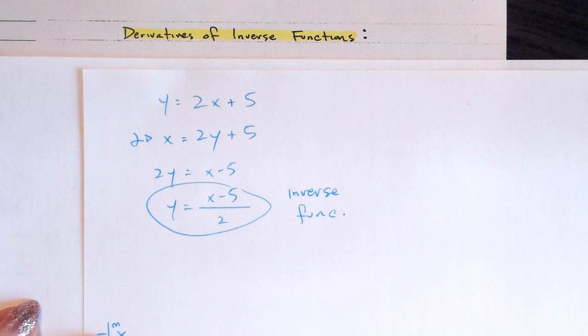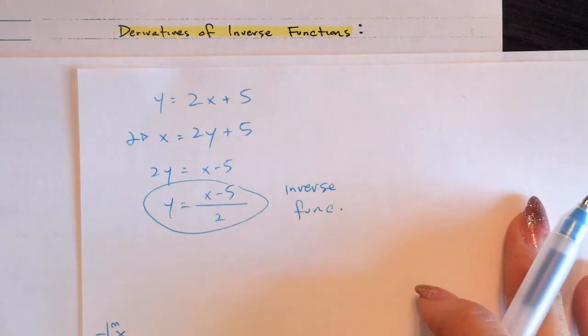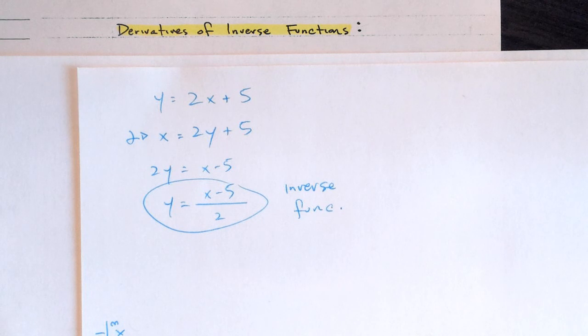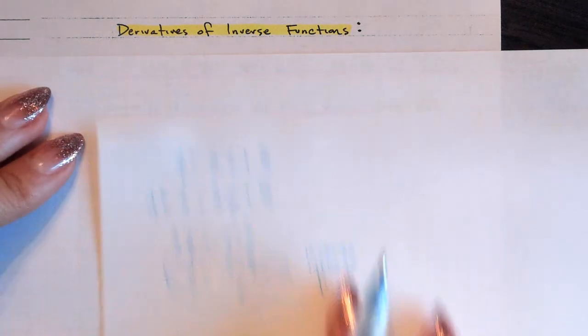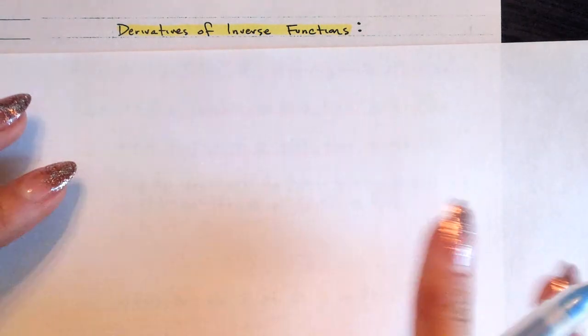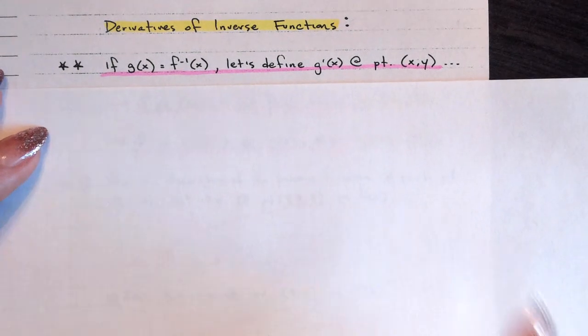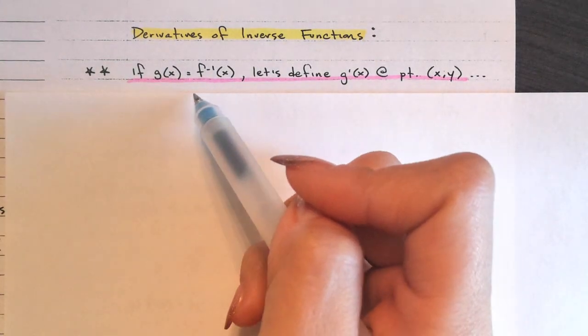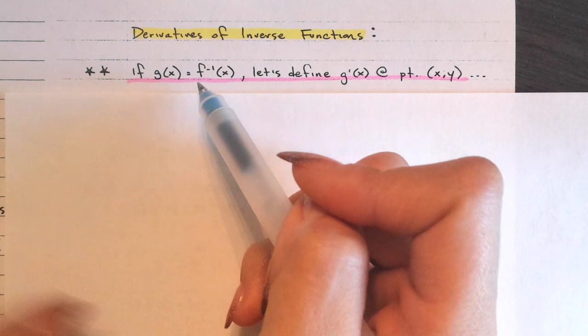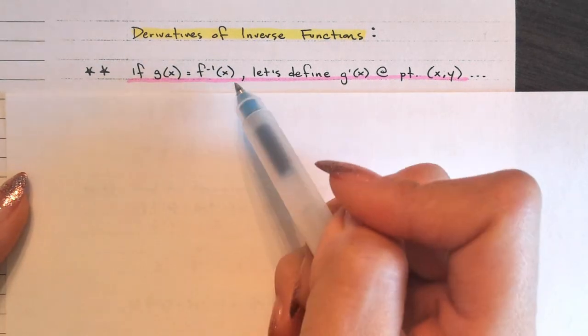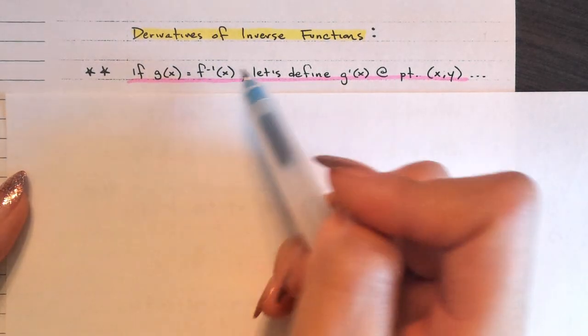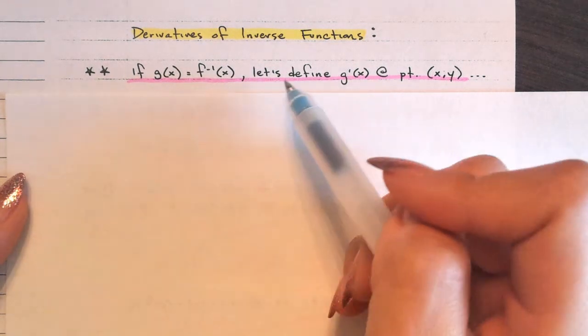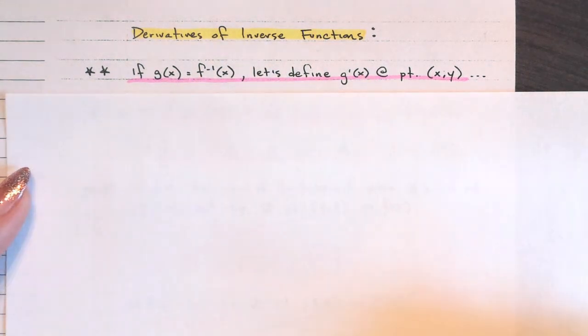Done. Okay. But sometimes you're not given something like that you can work with. Instead, you're going to be asked it in a weird way. Here is the weird way. So let's say g is the inverse of f. So you have a function f, and then we're calling g the inverse, okay? You want to find g prime.